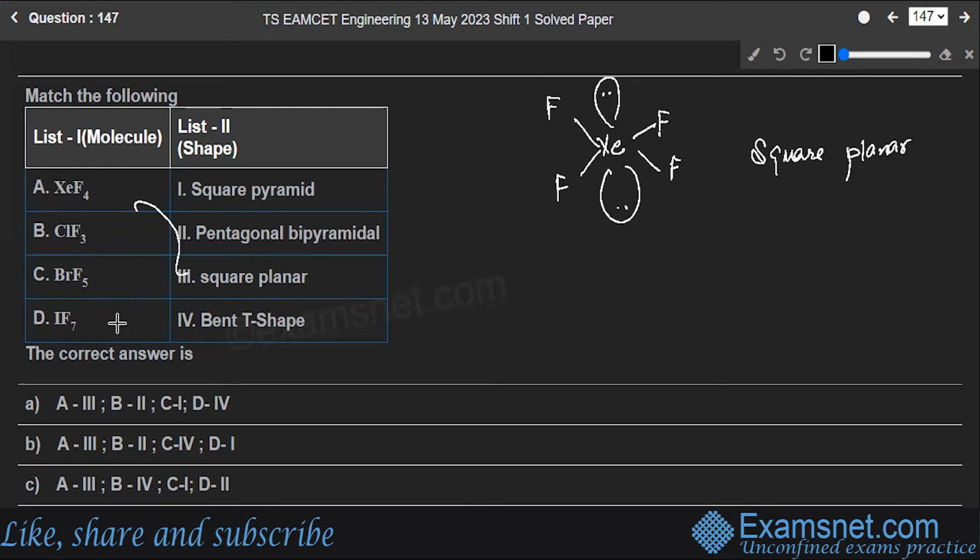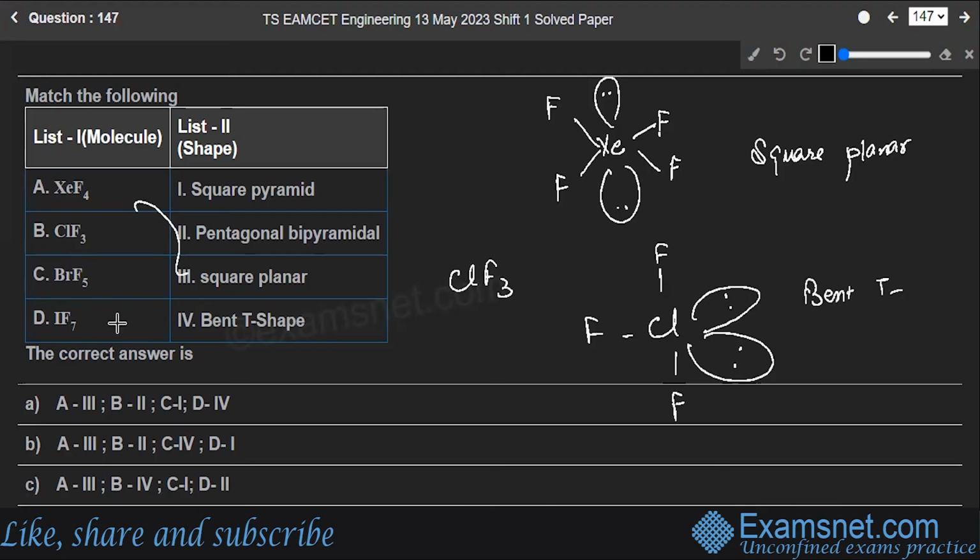Next one, you have ClF3. This is Cl, like this. This is bent T shape. So this matches.